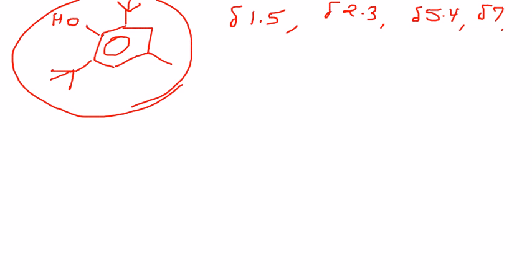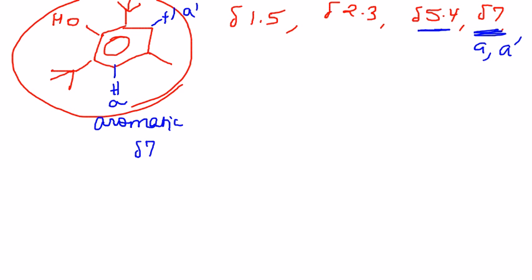So realize here that we have hydrogens on the benzene ring, so those are going to be my aromatic hydrogens. And as you know, aromatic hydrogens show up approximately around 7. So these peaks at 7, they will correspond to, let's perhaps number A and A prime.